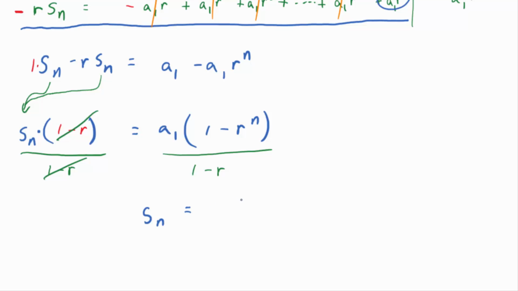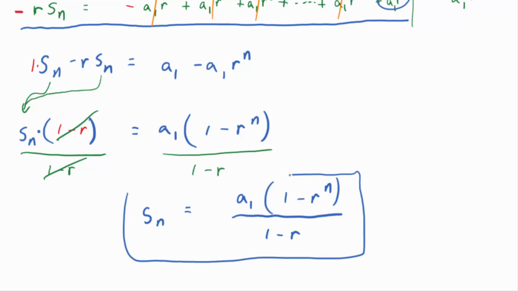Sn then is equal to a1 times 1 minus r to the n over 1 minus r. This would be the sum of the first n terms of a geometric series. So it's the finite sum formula for a geometric series. Now there is going to be an infinite sum formula, so that's why I wrote down finite right there.